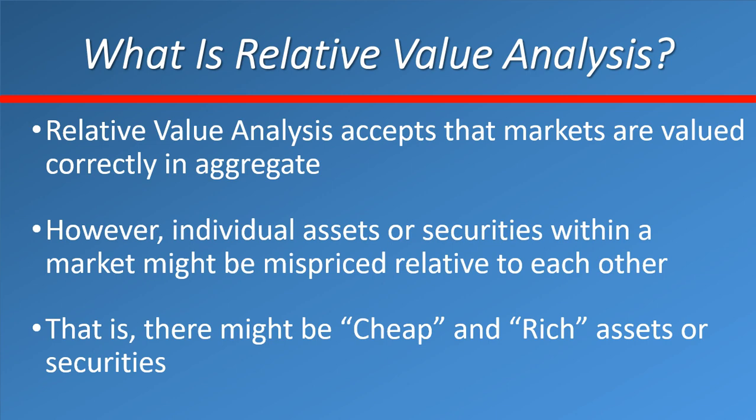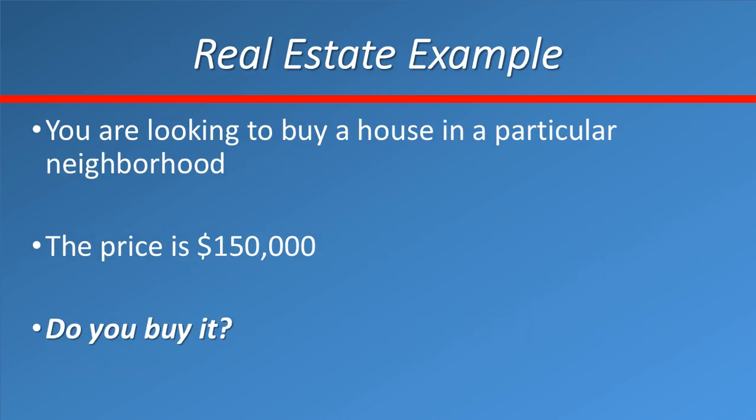If the entire stock market is overvalued, relative value analysis will not let you know that, but within a stock market, it will tell you which stocks are expensive and which ones are cheap relative to all the others. So that's our goal with relative value analysis, is to figure out relatively if a stock is cheap or rich versus other assets in a similar category.